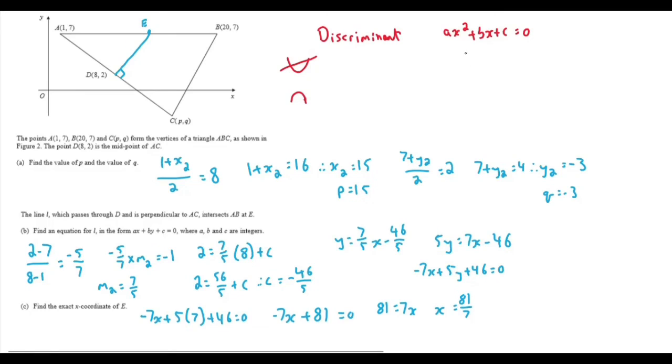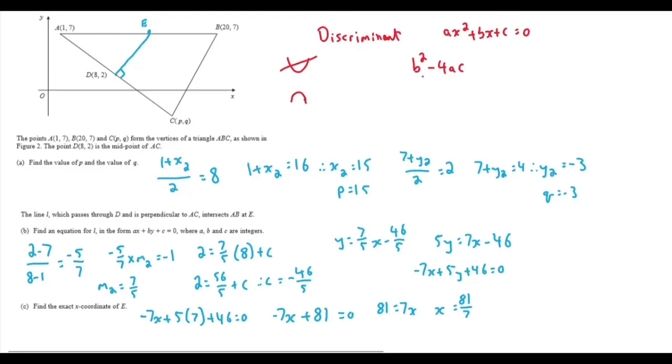The discriminant is then, if we take these a, b, and c values, so the coefficient of the x squared, the coefficient of the x, and then just the c on its own, b squared minus 4ac. This phrase you may recognize from the quadratic formula, which we use to find solutions to quadratics.